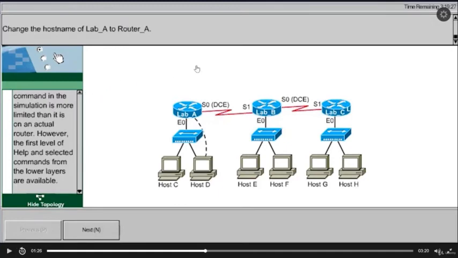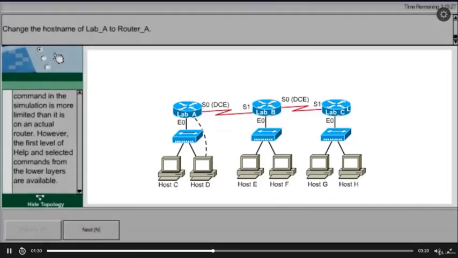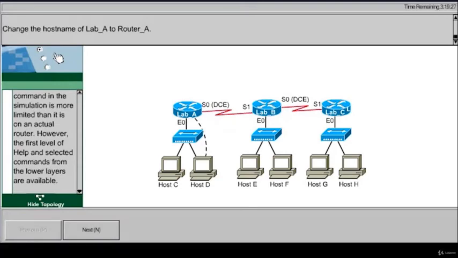For example, it's asking to change the host name of lab A to router A. Yeah, that is not a CCNP level question, as I know, but it would be good to show you, because nowadays you don't have to take the CCNA exam and certification to join the CCNP Enterprise exams.